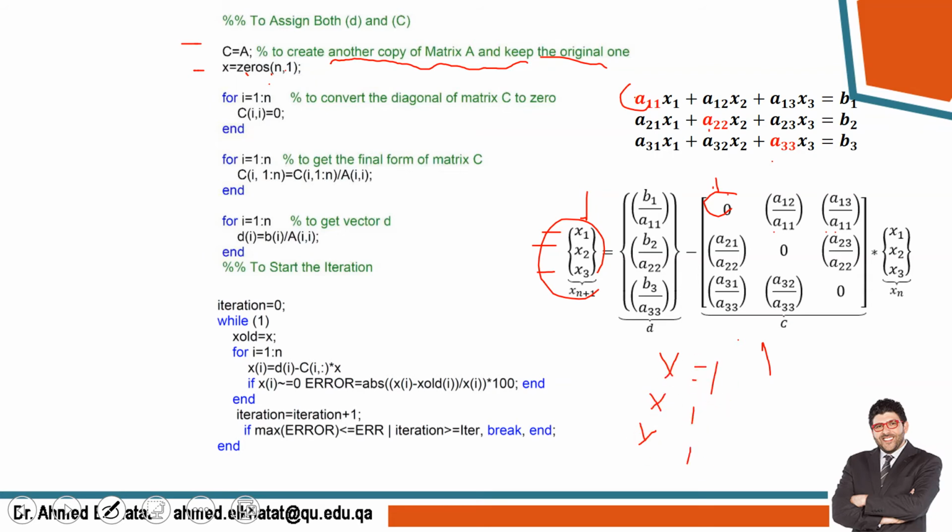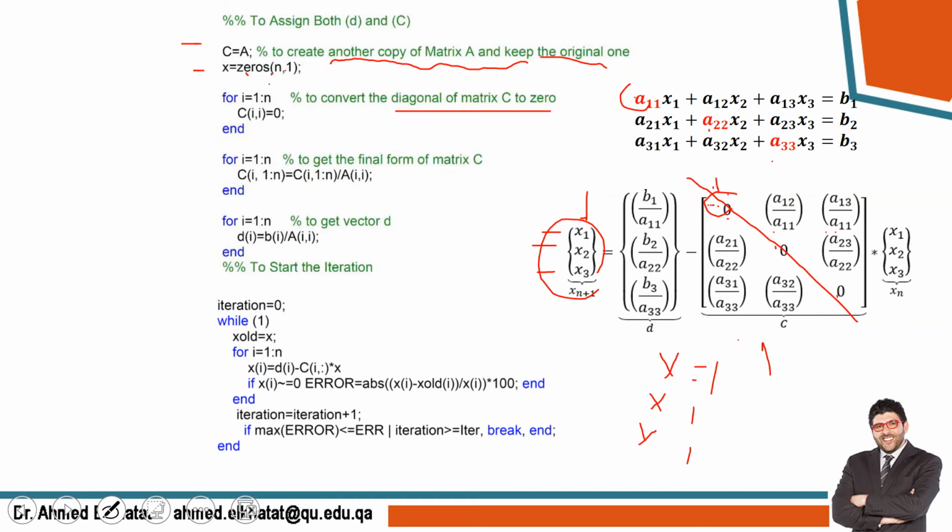Now let's start. For i equal from 1 to N, here we want to convert the diagonal of matrix C to 0. So how to make it? C(i,i) equal 0. For each i, the first one becomes 0, then it goes to 2,2, it becomes 0, then 3,3 becomes 0. By this we converted all diagonals to 0. But still we didn't divide.